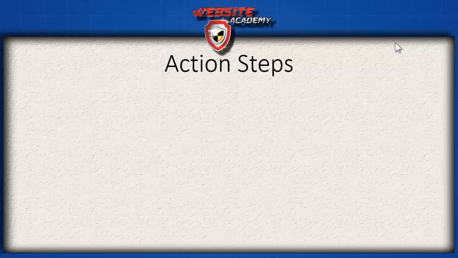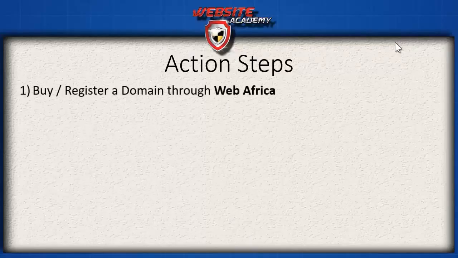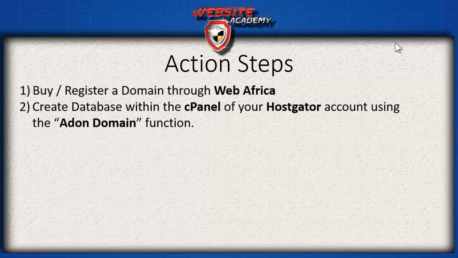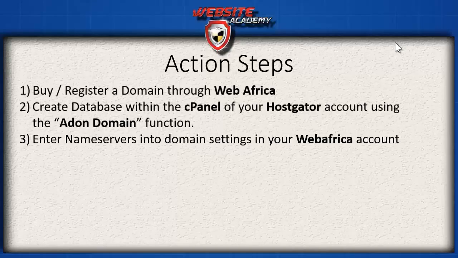So to recap, if you want to install more websites or additional domains to your hosting package, you first go and purchase the domain that you want. You then hop over to your cPanel, you create a database as I've shown you how to do. The third thing you're going to do is take your name servers from your cPanel. You then go back to Web Africa, link the two together, and click change name servers, and you're done.